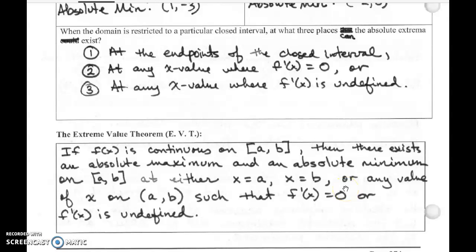Then there exists an absolute maximum and an absolute minimum on that closed interval at either x equals a, the first endpoint, x equals b, the last endpoint, or any value of x on the open interval between the two of them, such that the derivative equals 0 or the derivative is undefined. That would be like a sharp turn.